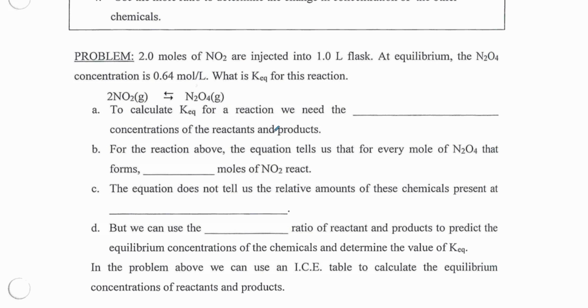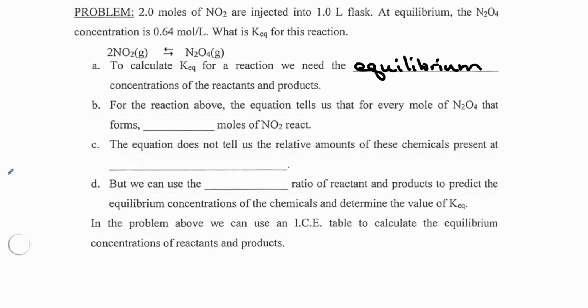So to calculate KEQ for a reaction, we need to know what those equilibrium concentrations are. So we have to figure out what the equilibrium concentration of the NO2 is. And right now we don't know that.